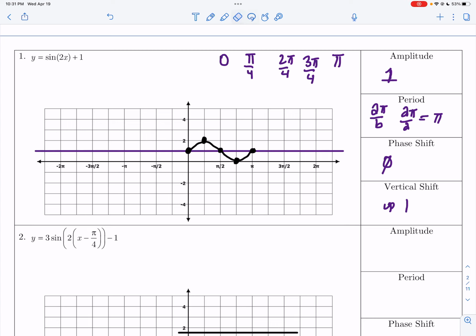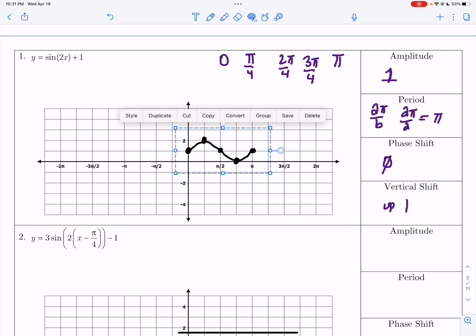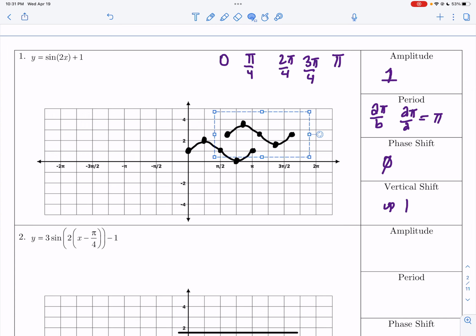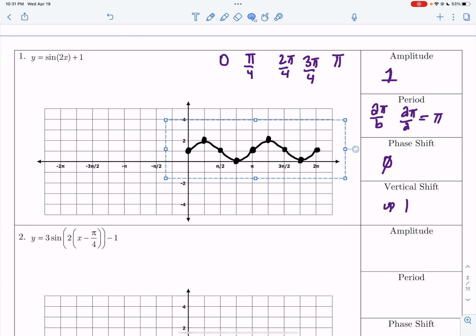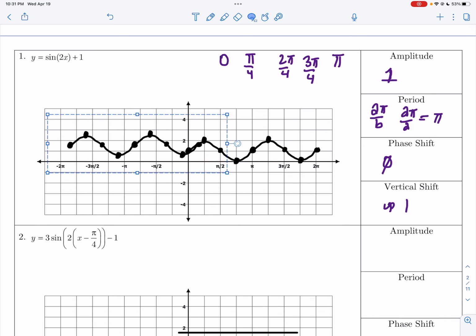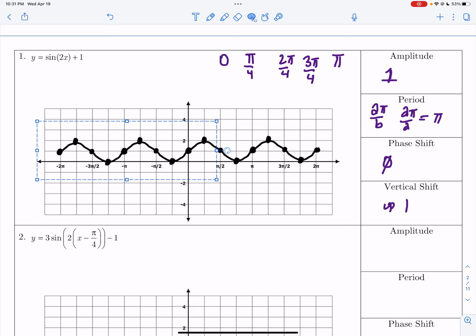I'm going to cheat a little bit because I have Notability. I am just going to play a game of copy and paste to get my whole thing. Isn't this cool? And there it is, sine of 2x plus 1.